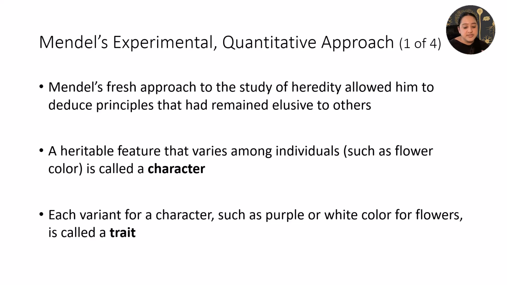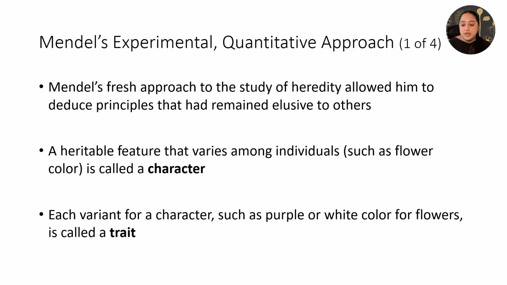There were a lot of different hypotheses about inheritance and what gets passed on, and everybody thought you just mash everything together basically, and that's what gets carried on in offspring. So in the 1800s, everybody had different ideas, but his work allowed quantitative data to show us what these patterns are and how things get passed on.